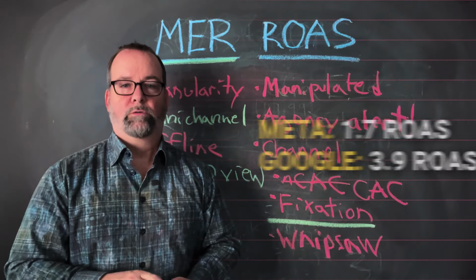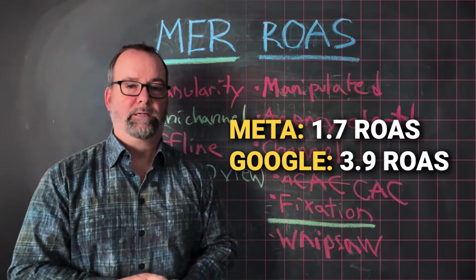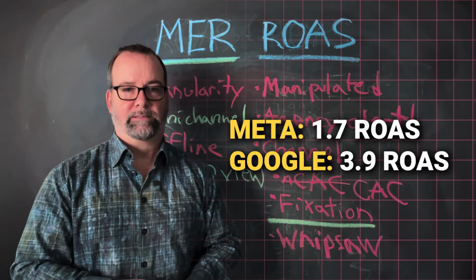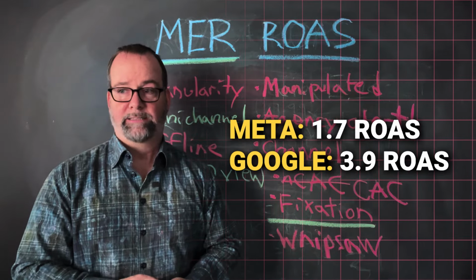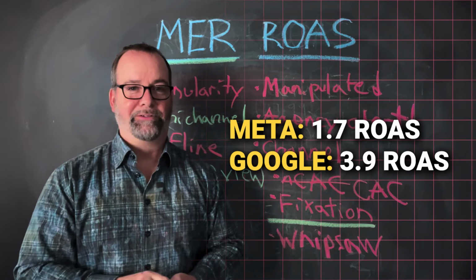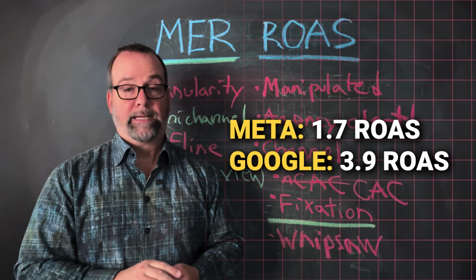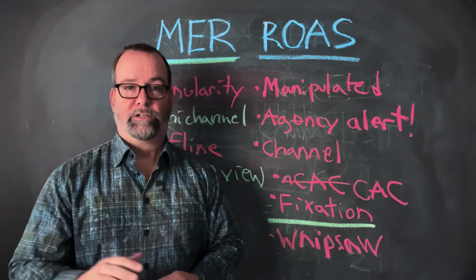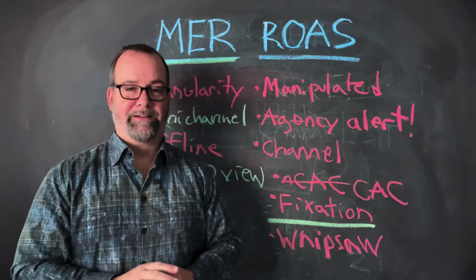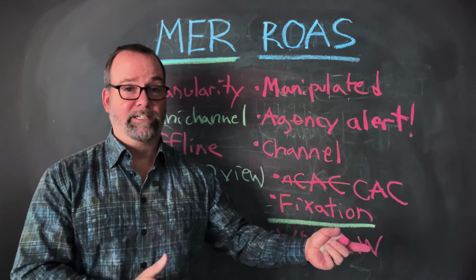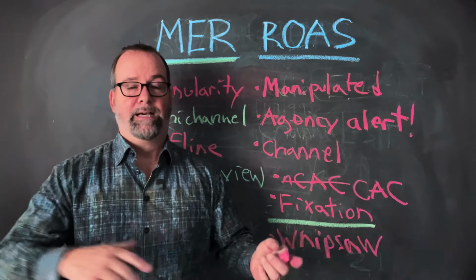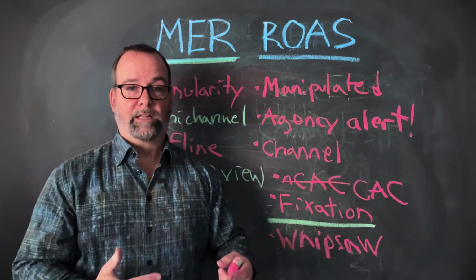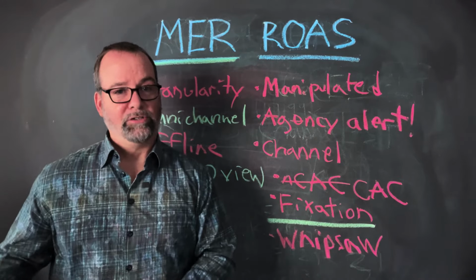For example, one of our clients typically gets about a 1.7 return on ad spend on the Meta channel, whereas for their Google ads, I'm looking at some of their data here just off screen, they get about a 3.9 to 4. If you're getting 1.7 on Meta, for every dollar I spend on Meta, I'm getting $1.70 in return, whereas on Google, for every dollar I spend, I get $3.92.